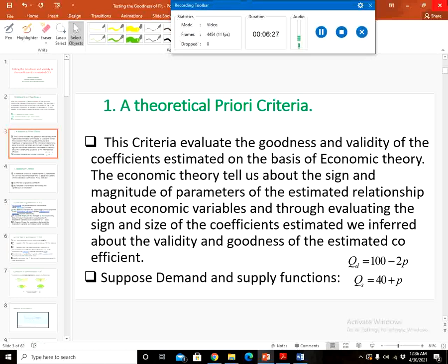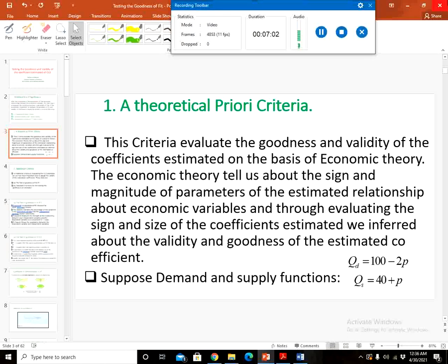Again, economic theory tells us that the intercept of the quantity demanded is a positive figure, while the slope has a negative sign. We evaluate the estimated quantity demand function on the basis of this a priori information given by economic theory.